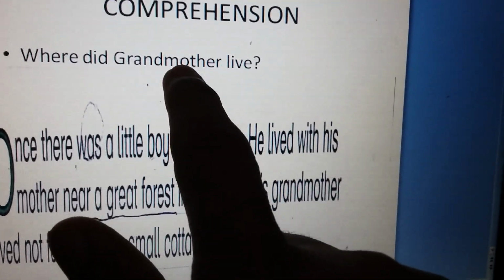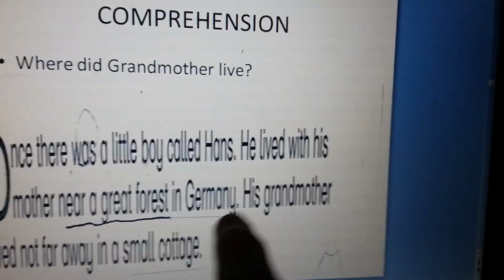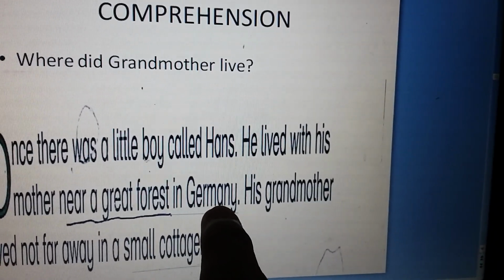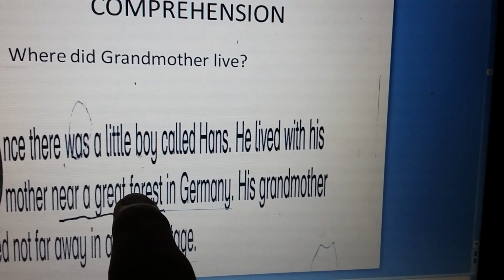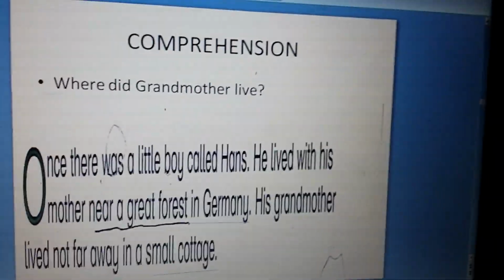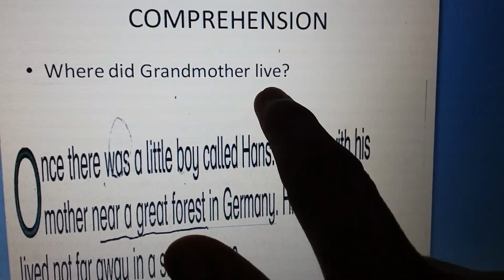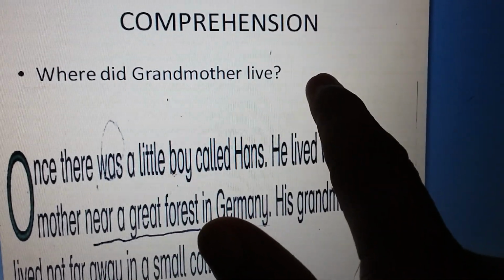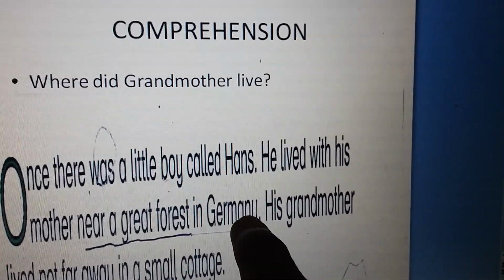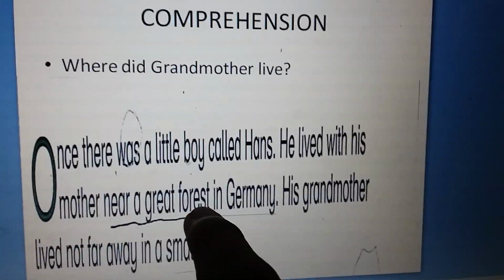Can we say that his grandmother lived in Germany, near a great forest? These answers we can write here. Grandmother lived in Germany or near a great forest.